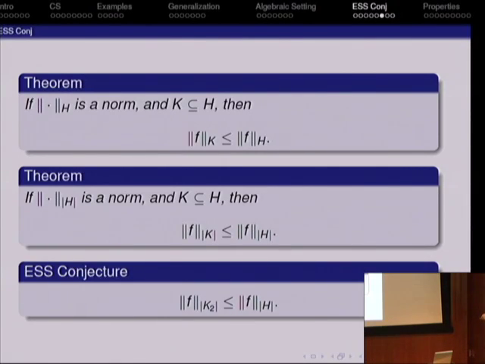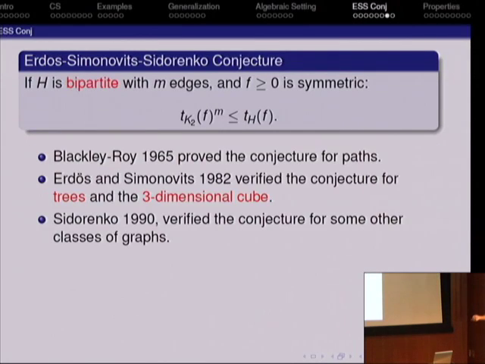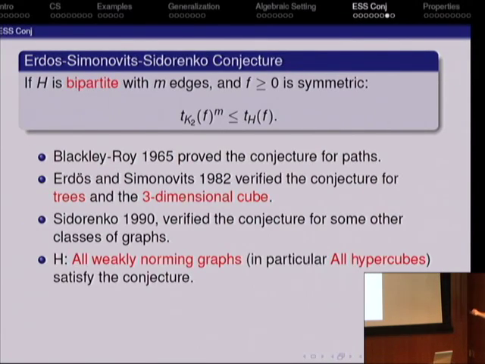Not only does this dominate the norm defined by an edge, it also dominates the norm defined by any subgraph. So this verifies the conjecture for all weakly norming graphs, in particular hypercubes.